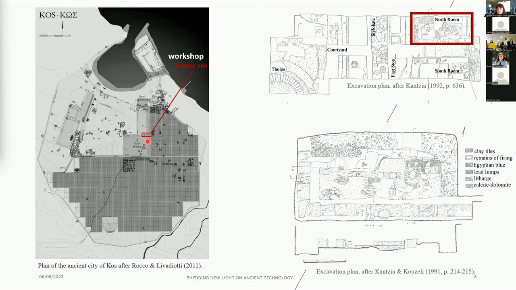The workshop is located in the Stoa complex that runs along the eastern border of the Agora of Kos, an area that was known to host commercial and manufacturing activities in that period. There, more than 100 Egyptian blue pellets were found, together with earth pigments, and also the remains of metallurgical processes.